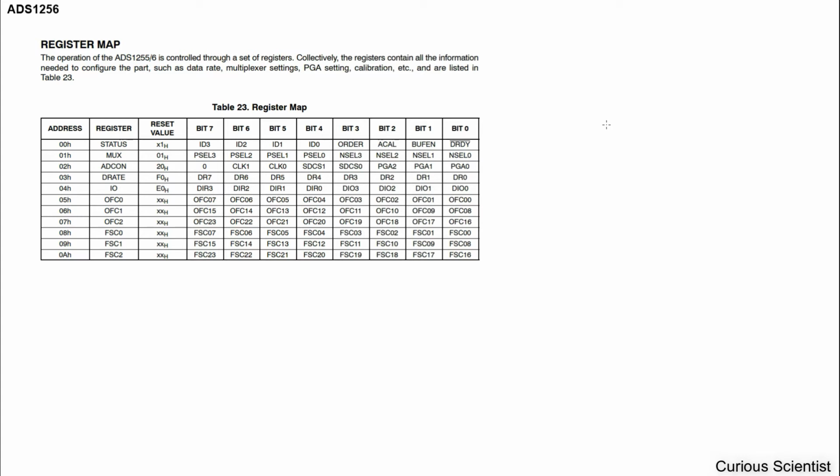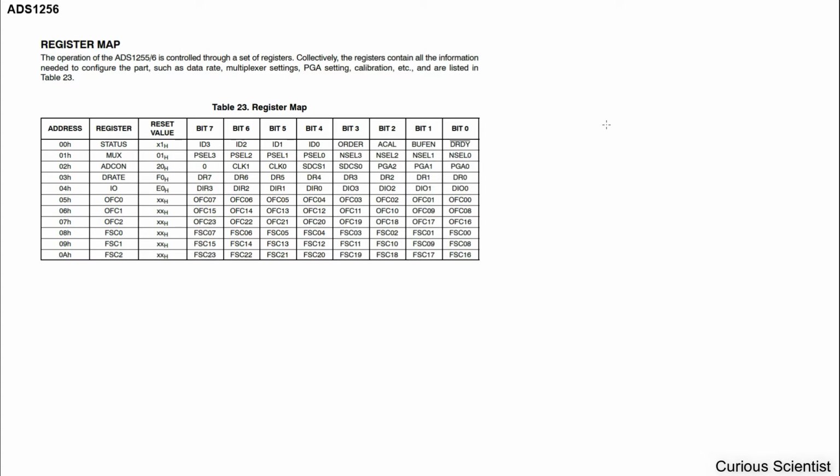For example, the sampling rate, the internal amplifier or gain settings, or you can set up the type of the inputs if you want to use it as a single-ended measurement device, or you want to use it in differential mode, and so on and so on.